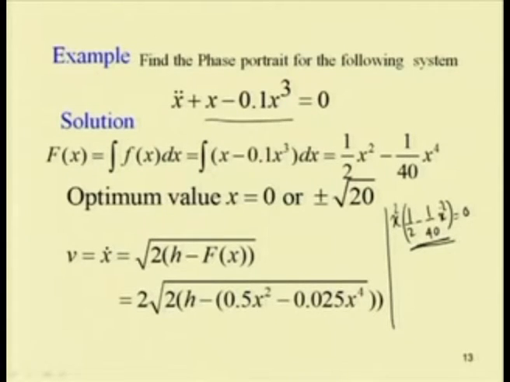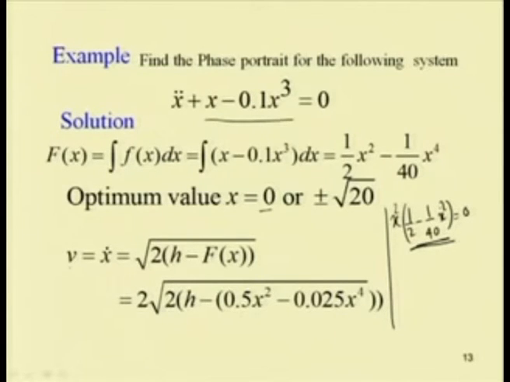For the inside term to be 0, the x values would be equal to plus minus root 20. So, we can get 3 values of x. These are the equilibrium points. So, 0 is one equilibrium, and the other two are plus minus root 20. So, corresponding to these points, we have to find the trajectories of the system.